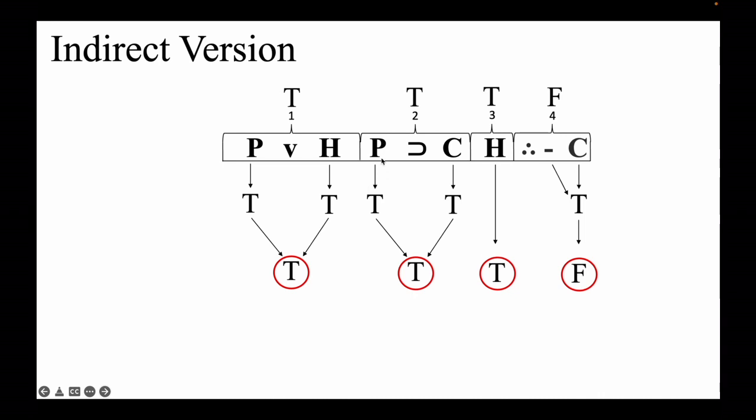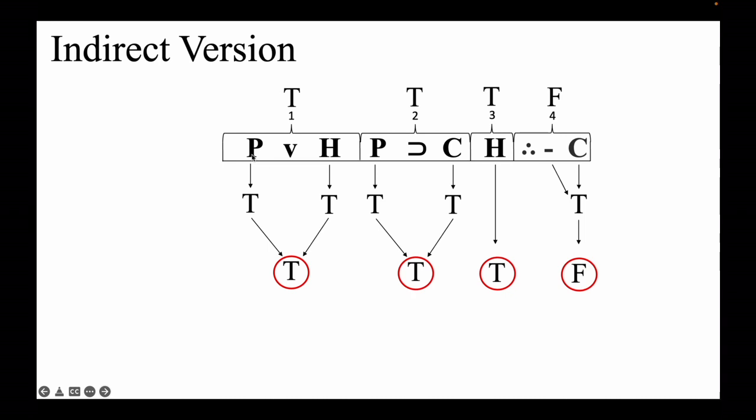Now, remember that I said that this was an arbitrary decision to say that P is true. What would happen if I said that P is false? Would it change the outcome? No, it wouldn't change the outcome, because think about it. If P is false, the conditional statement is still true, because when the antecedent is false and the consequent is true, the statement is true.